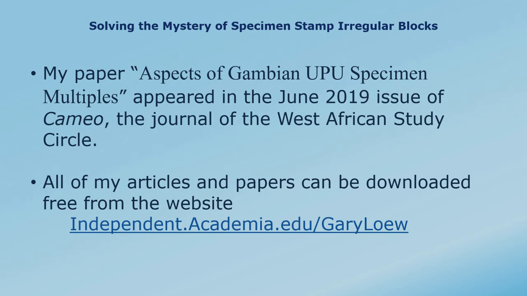I'm a believer in the idea that philatelists who write owe it to the hobby to get their papers seen in a much more broad distribution than just within the hobby. The idea being to promote the hobby. So I put everything I do on academia.edu, and if you want to find everything, including this article, it's independent.academia.edu/Gary Loew.